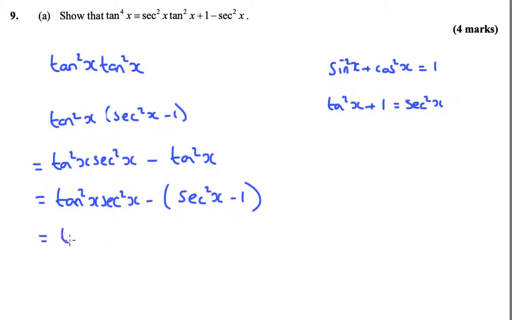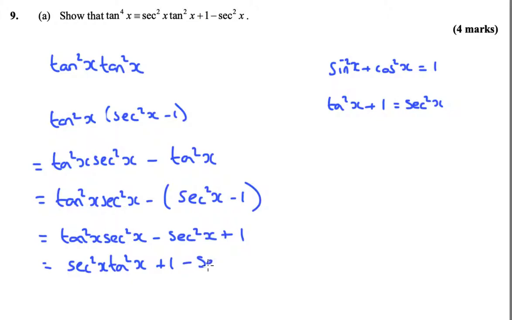And then if we expand that little set of brackets at the end there, we're going to get minus sec squared x, and we're going to get a plus 1, and we can change the order. Plus 1 minus sec squared x.